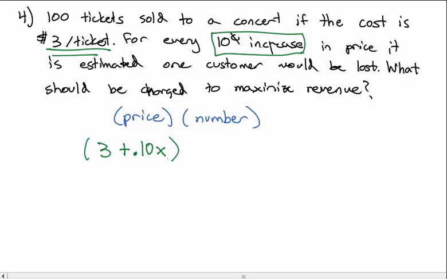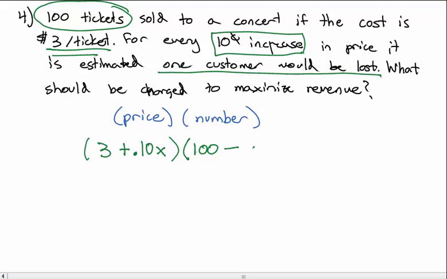So x is the number of 10-cent increments. The number of tickets sold then, we're starting with 100 tickets, but one customer is going to be lost for each increment. So we're going to subtract one customer, 1x, for each increment.